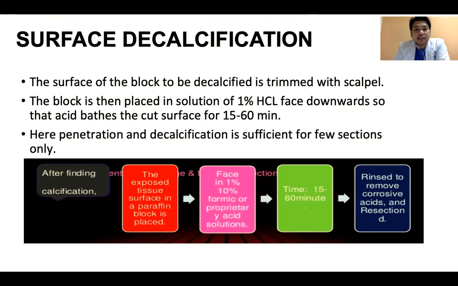For surface decalcification naman, class, the surface of the block to be decalcified is trimmed with a scalpel, and the block is then placed in solution of 1% hydrochloric acid face downward, so the acid bathes the cut surface for 15 to 60 minutes. Okay.